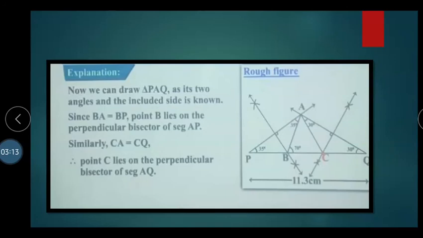Now we can draw triangle PAQ as these two angles and the included side are known. Since BA = BP, point B lies on the perpendicular bisector of AP. Similarly, CA = CQ, as point C lies on the perpendicular bisector of AQ.